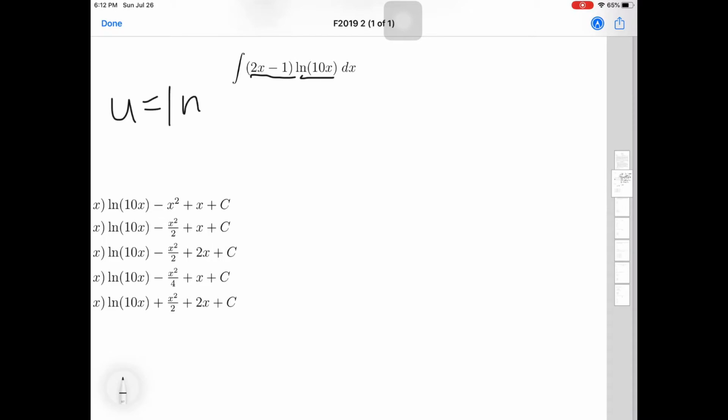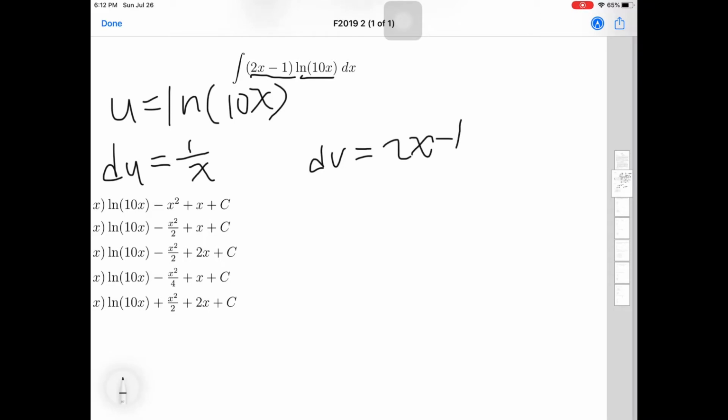So u will be natural log of 10x, and that way du would be 1 over 10x times 10, which is 1 over x, and then dv would be 2x minus 1 dx, and v in that way would be x squared minus x.